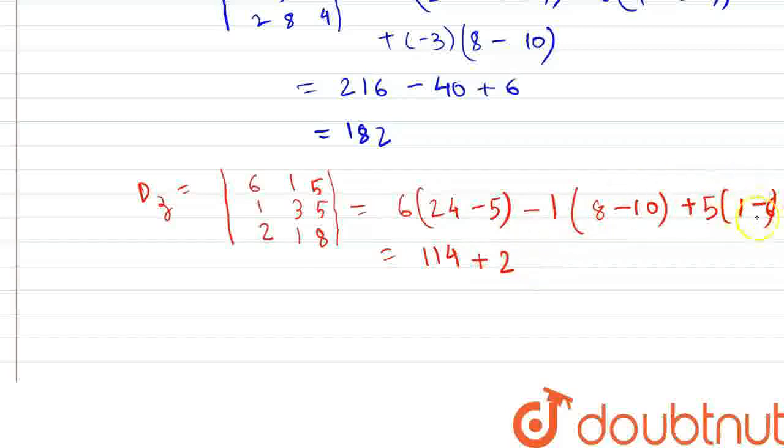And 1 minus 6 means minus 5, and minus 5 into 5 gives minus 25. This value equals 91.